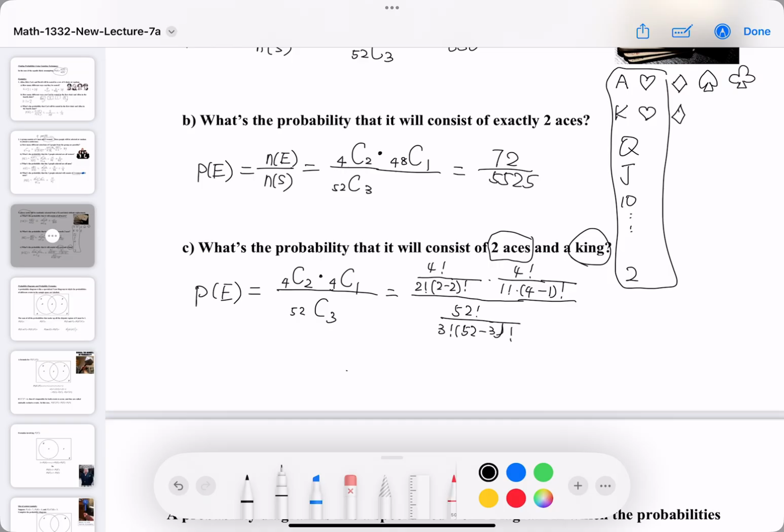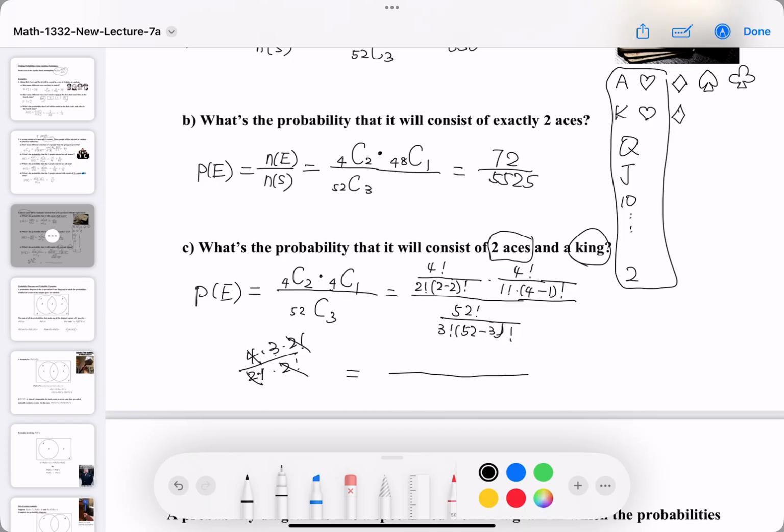And then on the top, let's simplify. We have 4 factorial over 2 factorial times 2 factorial. We expand the 4 factorial to be 4 times 3 times 2 factorial. Do the cancellation, and 2 factorial means 2 times 1.